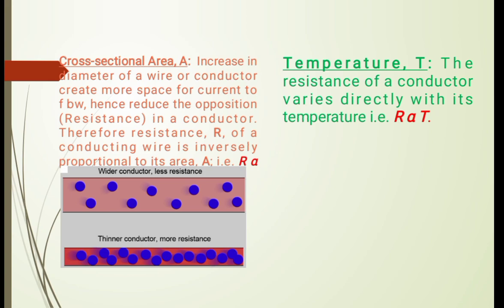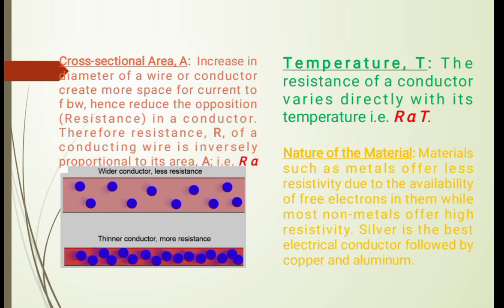Other factors that also affect resistance of a conductor are the temperature, which has a direct relationship with the resistance of a conductor. That is, the higher the temperature, the higher the resistance of a conductor. And lastly, we are looking at the nature of the material of the conductor.